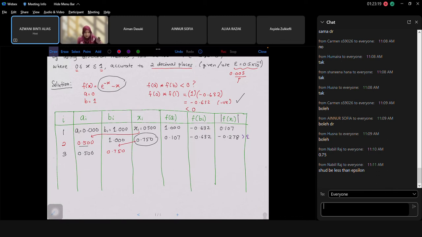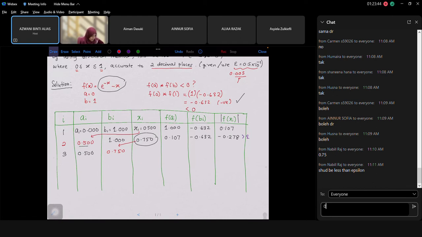So daripada interval 0,1 reduce kepada 0.5 ke 1, and then dia reduce lagi kepada 0.5 dan 0.75. Nampak tak? Interval kita in between 0.5 dan 0.75. So solution in between kat sini. Okay, so next step cari the midpoint between 0.5 dan 0.75.